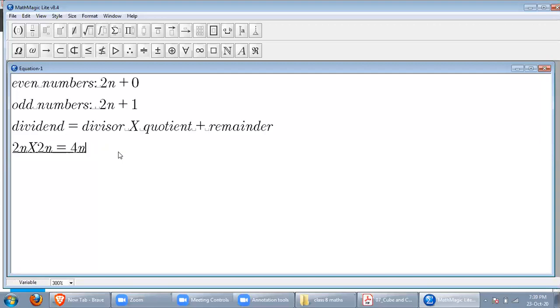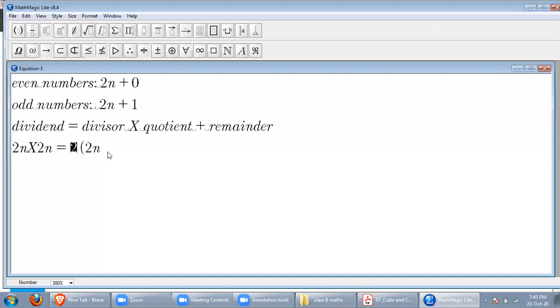But I want to express this in a different way. Instead of writing 4n square, I just want to show that even number into the same even number will also be an even number. To check whether it is an even number or not, the divisor should be 2 rather than 4.